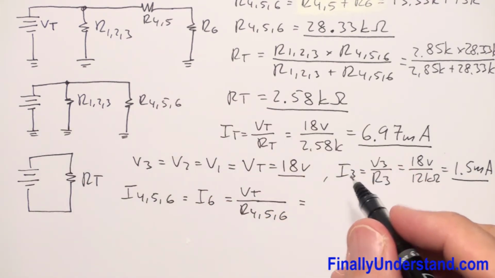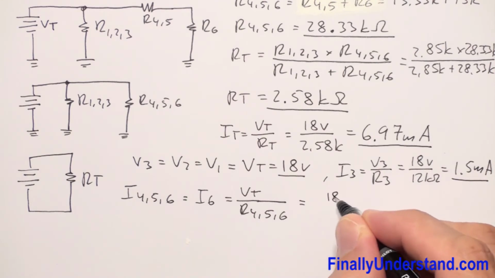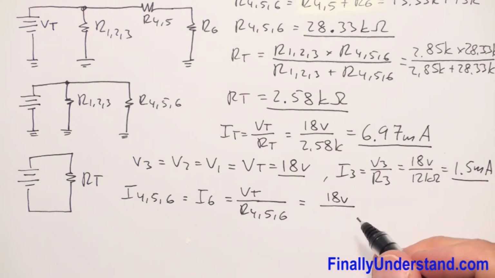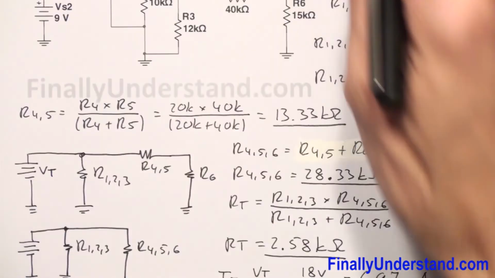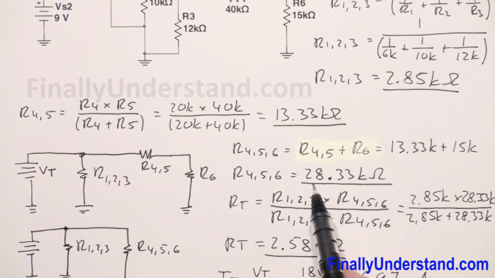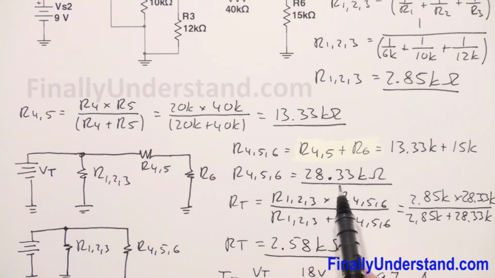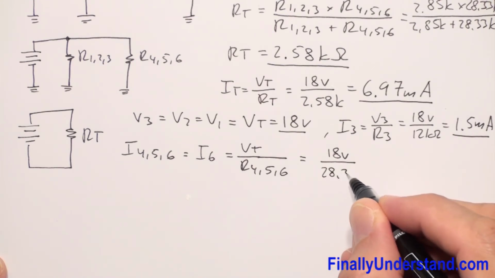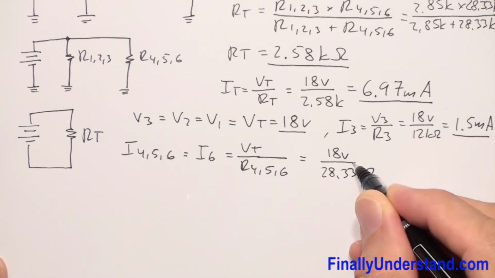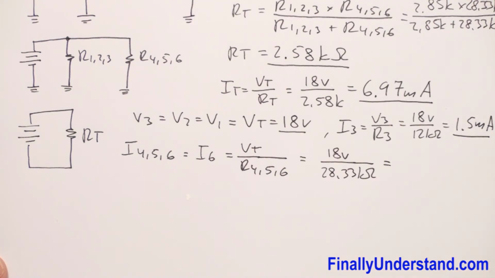V total is equal to 18 volts over R4,5,6. R4,5,6 we found is equal to 28.33 kilo ohms.